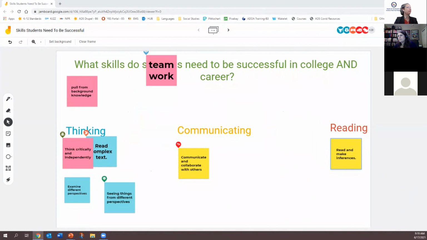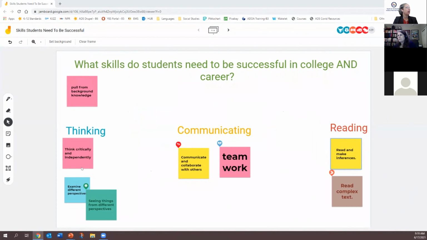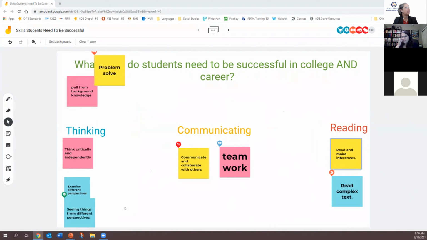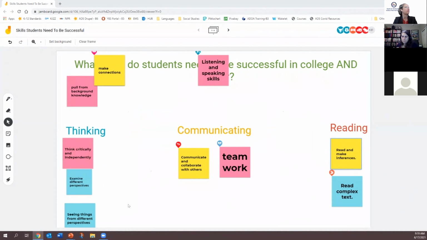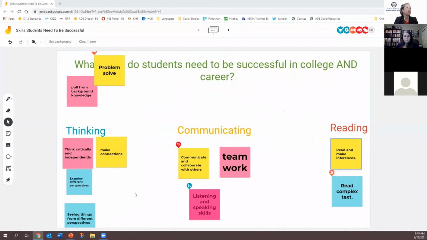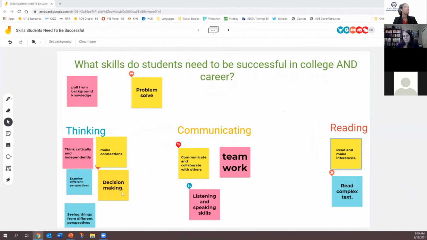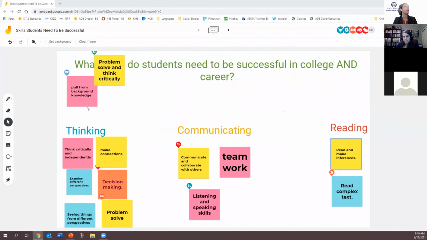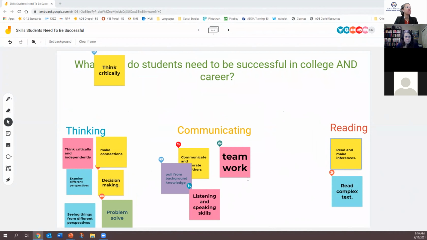Oh, I like reading complex texts. Oh, I love the seeing things from a different perspective. That's a great one too. Making connections, fantastic. Pulling from background knowledge, wonderful. Decision making, teamwork, that's really big.